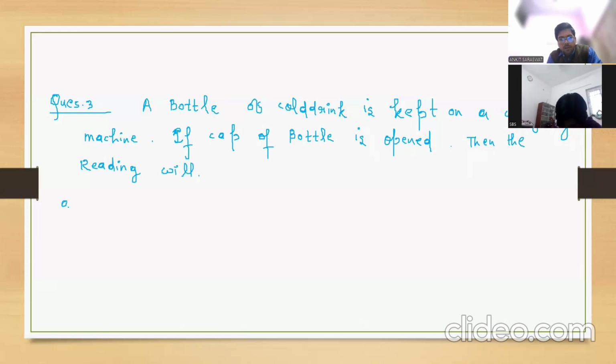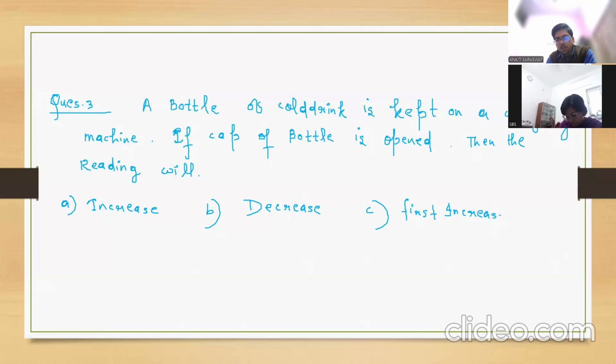Option A increase, option B decrease, option C first increase and then decrease, option D remains same.